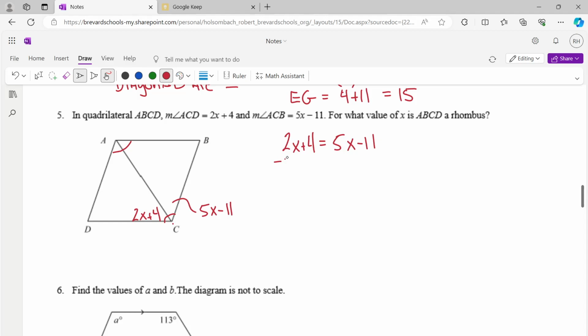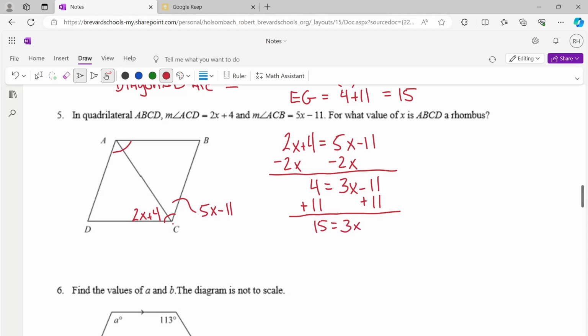Subtract 2x from each side. And 4 is equal to 3x minus 11. Add 11 to each side. 15 equals 3x.